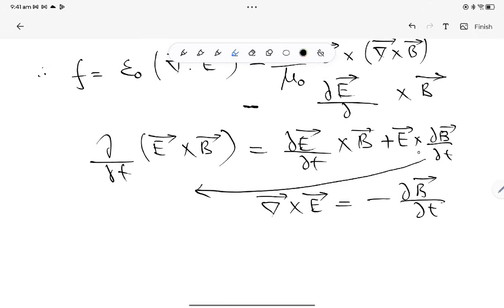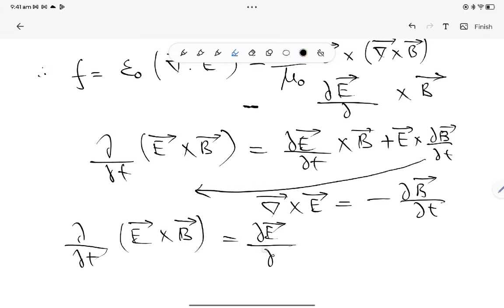Substituting this Faraday's law, the cross product expression becomes del by del T of E cross B is equal to del E by del T cross B minus E cross del cross E. You see, you have got that vector identity, the electric field vector identity.